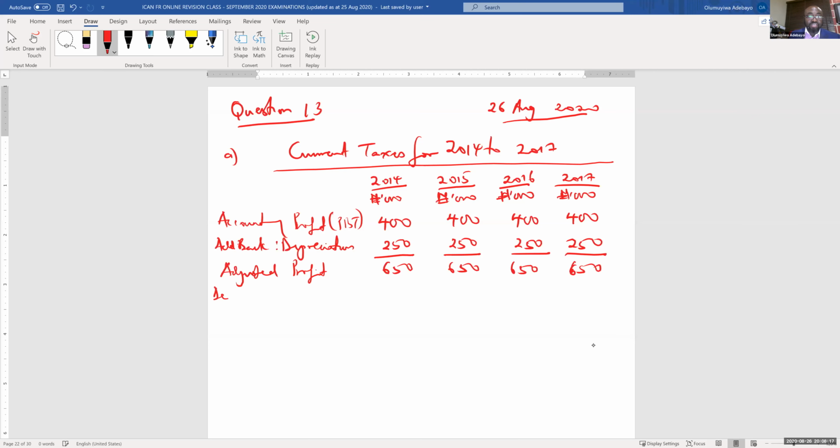Thereafter, we deduct our capital allowance. Year 1 was 500, year 2 was 300, year 3 was 200, and year 4 was nil, because we are only granted allowance for the first 3 years based on the information made available.